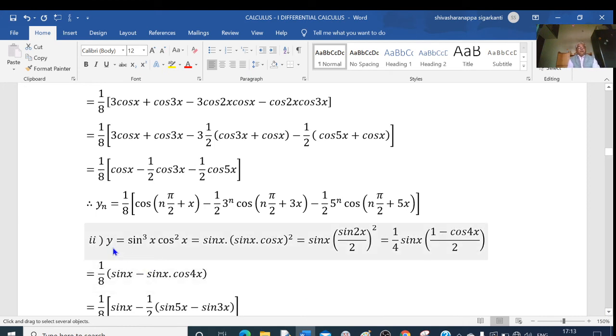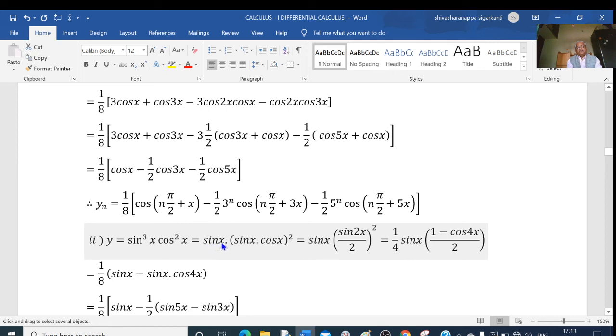So next example is y equal to sin cube x cos square x. You can use the sin cube x formula and cos square x formula, or we can write like this also. Sin cube can be written as sin x into sin square x. That is sin x into sin square x into cos square x.